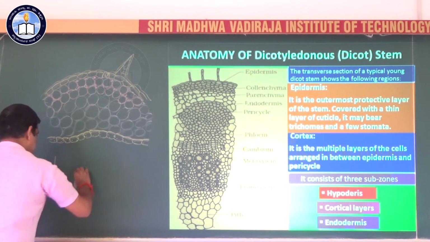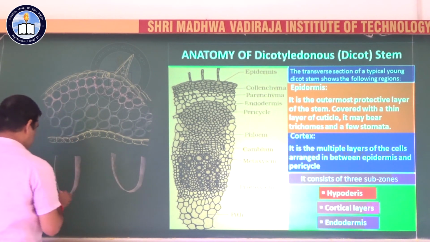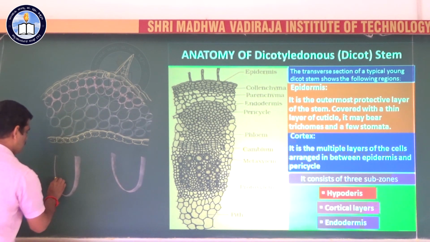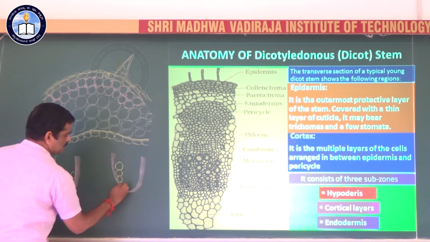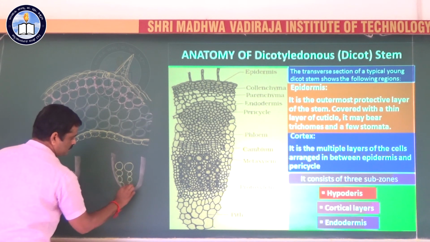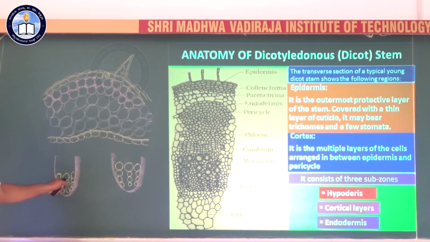The vascular bundle is conjoint, collateral and open, consisting on the inner side of the xylem, protoxylem toward the center, metaxylem toward the periphery. Hence, the xylem is endarch.